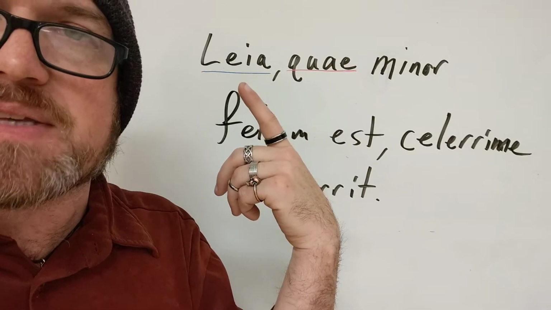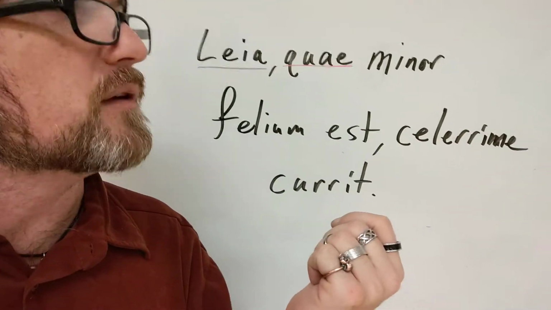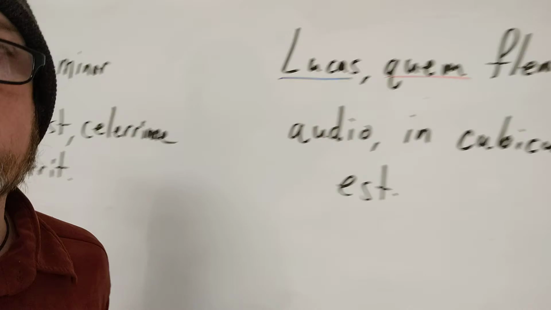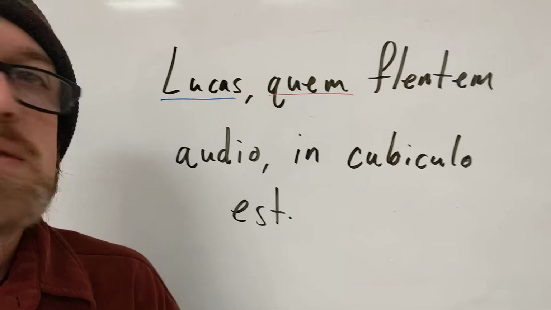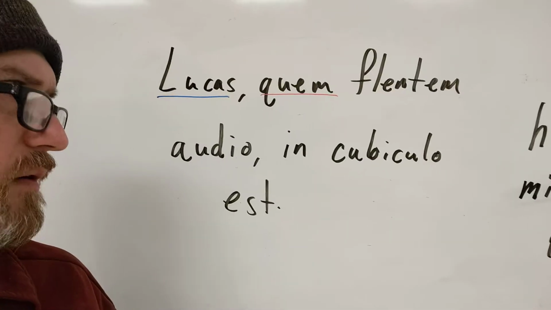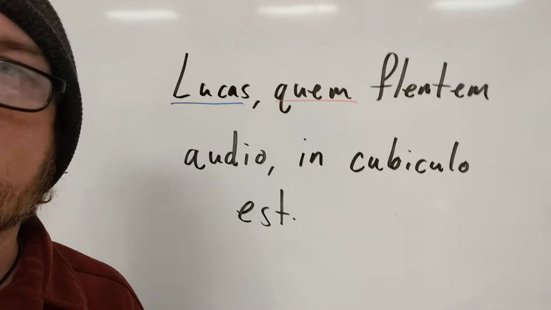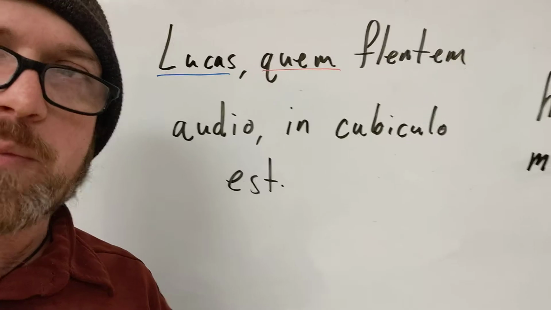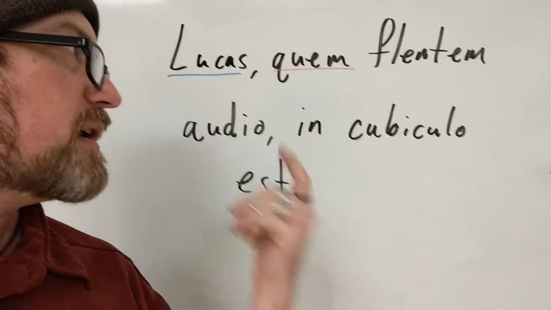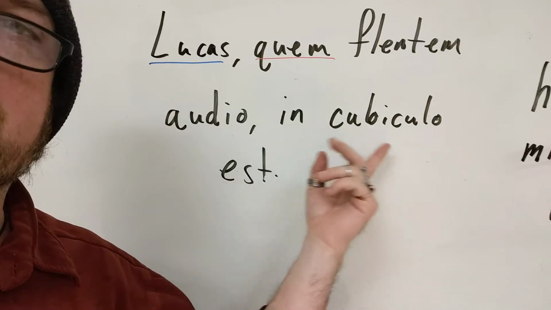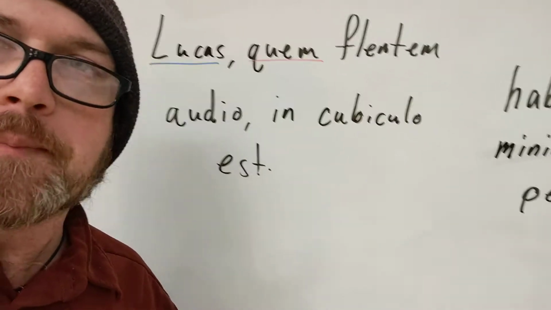Leia is the subject of my sentence, and qui was the subject of the relative clause. In this example I have over here, that's not the case. It says here, Luke, whom I hear crying, is in the bedroom. So my main idea, again, is not the relative clause. The main idea is everything else. The main idea is Luke is in the bedroom. That's the main idea, all right?